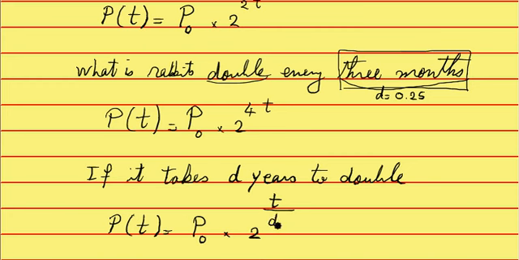So d is the length of time it takes for your population to double. T is the number of years you wait. P0 is the original population, and this number 2 came out of the original statement of the problem, that you're interested in doubling periods. If you are interested in tripling, this would have been a 3.